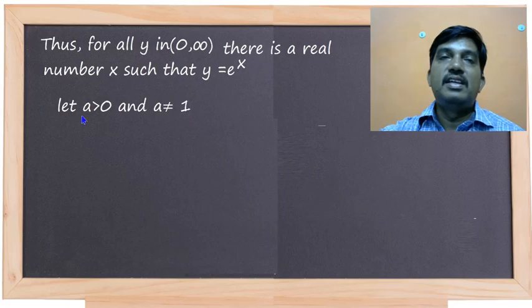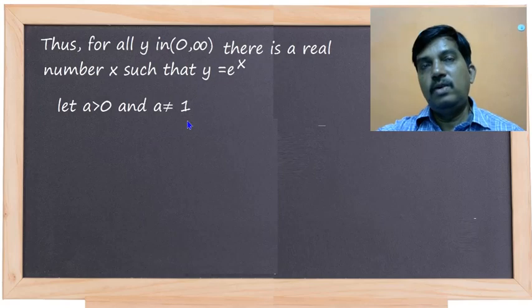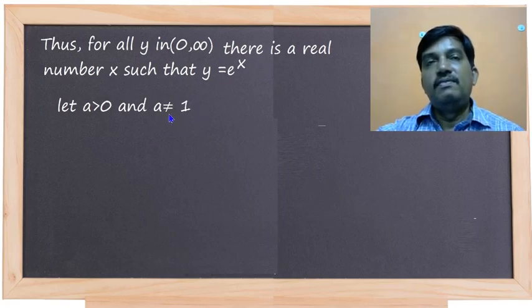Now let us take a real number which is in this interval 0 to infinity. That is, let a be an element in this interval. That is, a is a positive real number and a is not equal to 1. Here, I will take a not equal to 1 to make the function one-one. If a is equal to 1, you know that 1 power anything is 1.